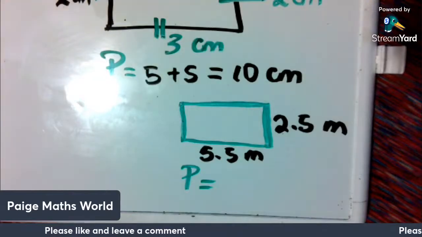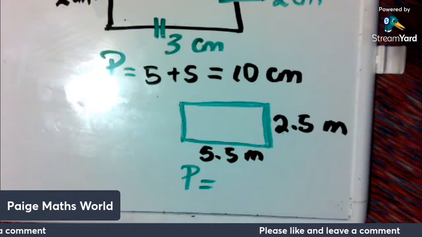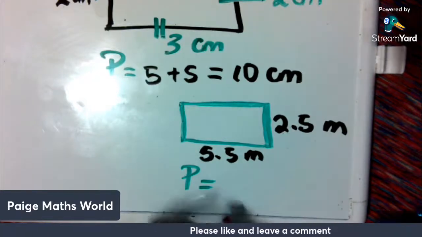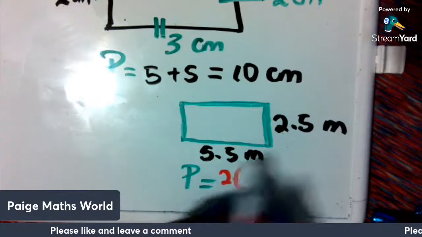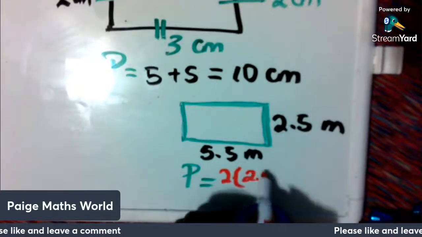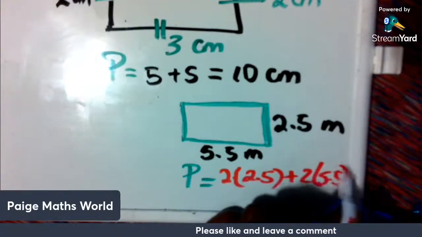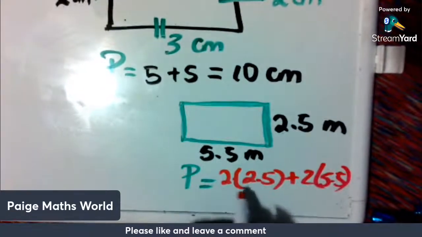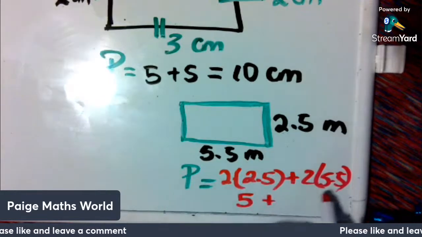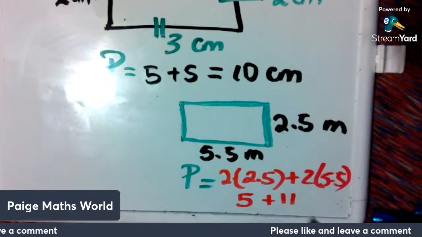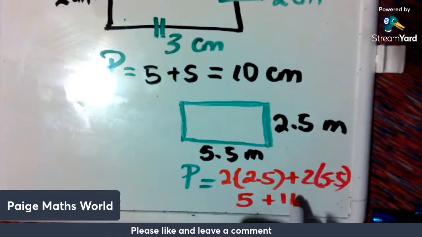All right, so the perimeter of this particular rectangle, we're going to be adding the sides. So 2.5 times 2 is 5, and 5.5 times 2 is 11.